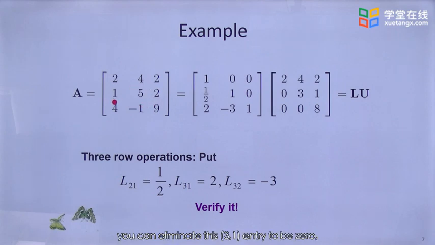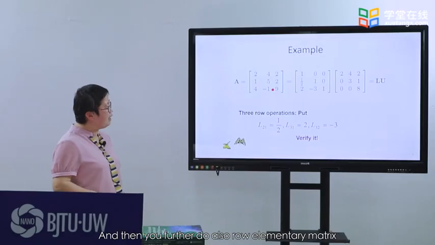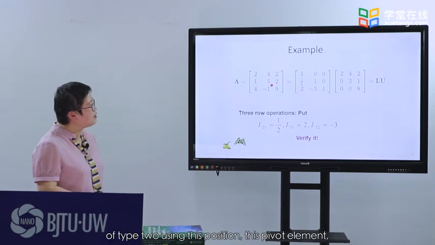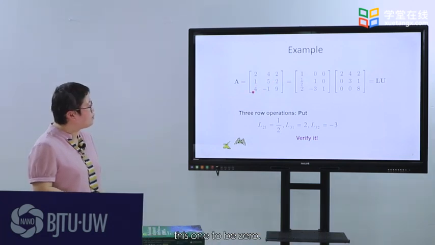You can eliminate this 3,1 entry to be 0. 4 becomes 0 now. These are 2 elementary matrices of type 3. And then you further do another row operation of type 3, using this pivot element to eliminate this one to be 0.